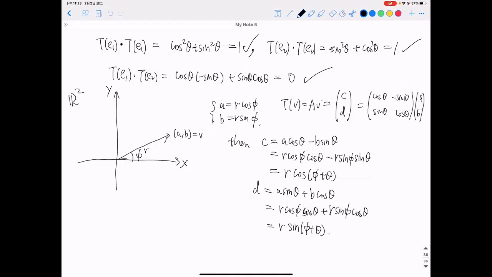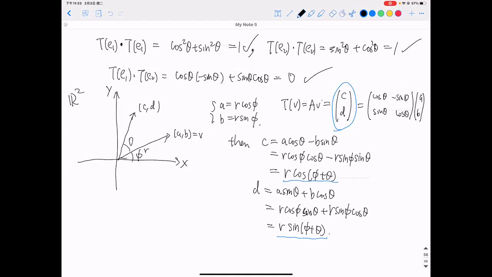So what is this point (c, d)? This point is the image of the point v under the transformation T. According to this description, the x coordinate is r cosine of phi plus theta, and the y coordinate is r sine of phi plus theta. Using polar coordinates, you see that this is how you get (c, d).